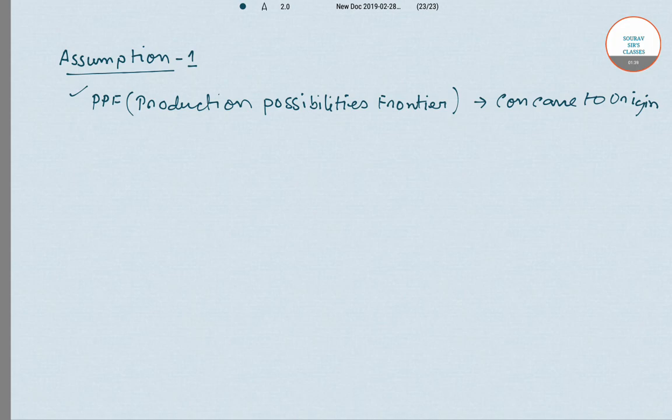So this is the first assumption of the Heckscher-Ohlin model: the production possibility frontier is concave to the origin.